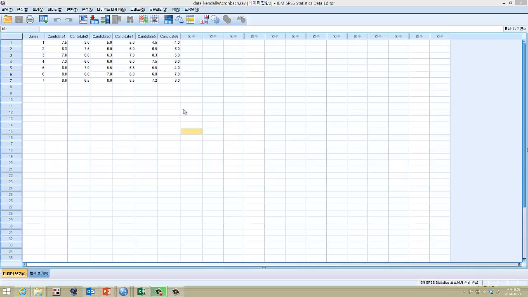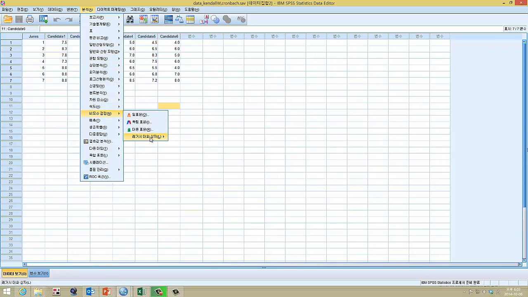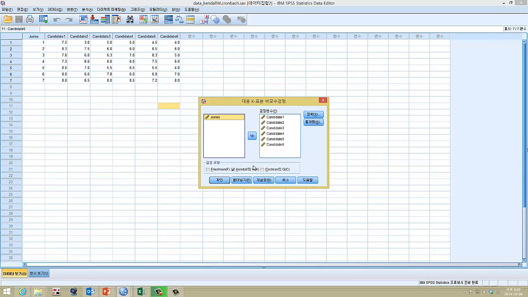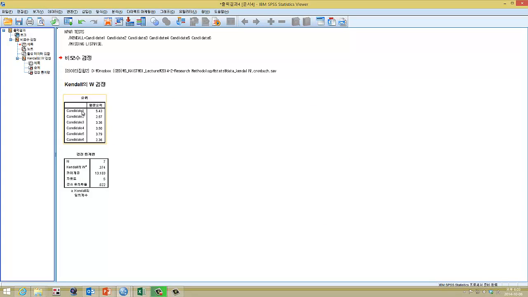So now we are in SPSS, and let's perform the Kendall's W test. Non-parametric analysis and related K number of samples, and Kendall's W. So here we are presented with the mean ranks of 6 candidates, and they were evaluated by 7 juries, and the Kendall's W is 0.37, so it belongs to the medium size of coefficients.